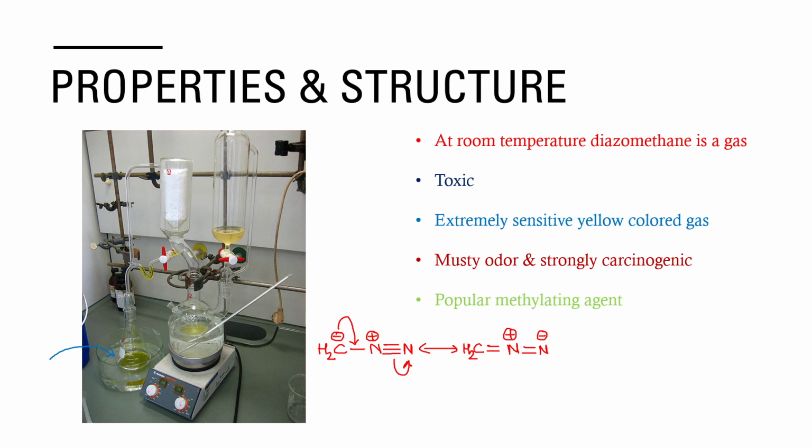Some people can also draw this, or in fact a lot of people do end up drawing this as well. और एक बार जेई में ये सवाल भी पूछा गया है कि draw the stable canonical forms, or arrange the different canonical forms of diazomethane in their relative order of stability.